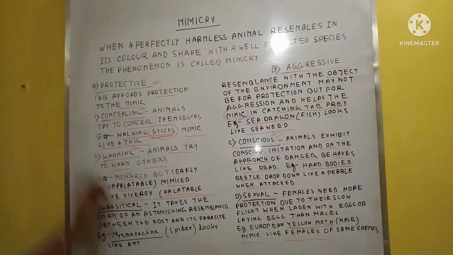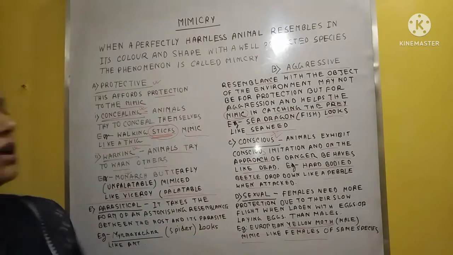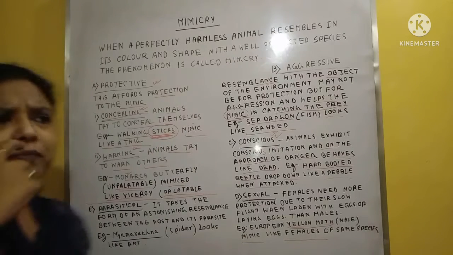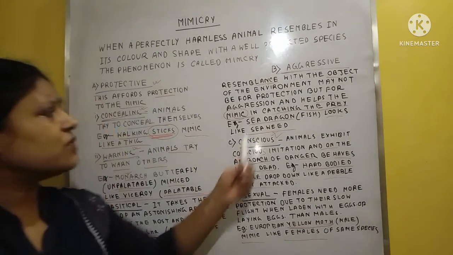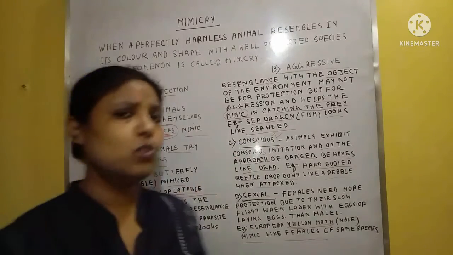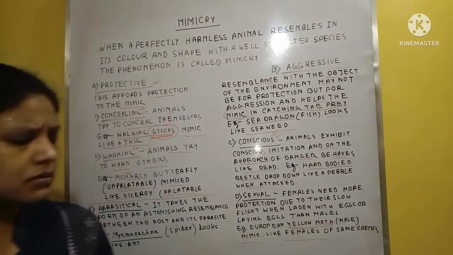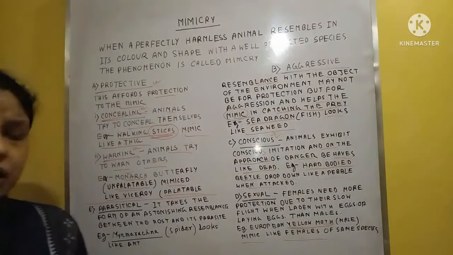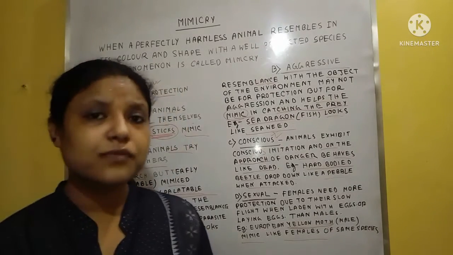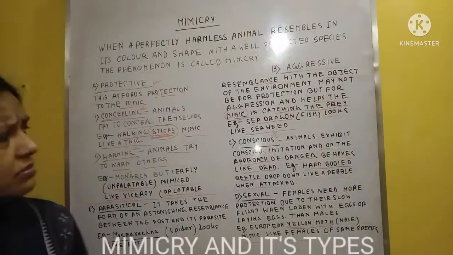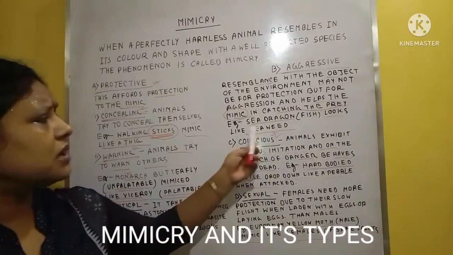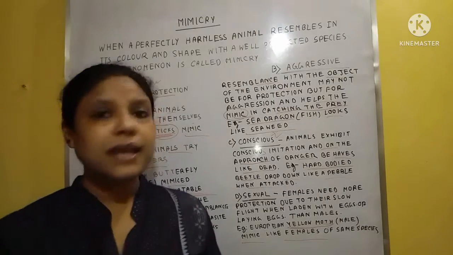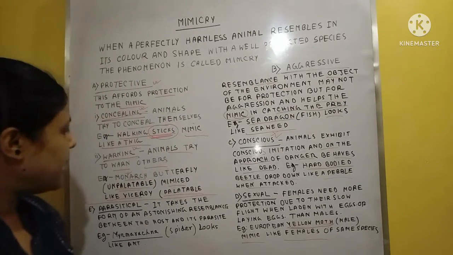So these are the different types of mimicry, and with the examples you can check out the images in Google. Obviously I tried to show you the images, but this is black and white. If you want to see the original, colorful examples, you can search for them in Google. Okay, clear?